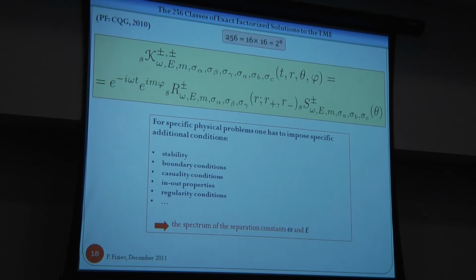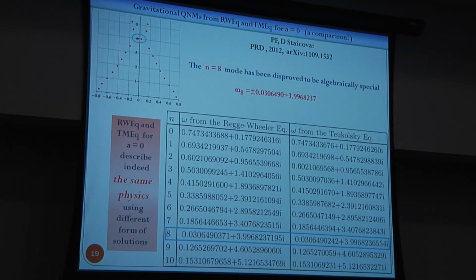So we have 256 different solutions, and on these solutions we have to put different additional requirements: stability, boundary conditions, causality conditions, in-out properties, regularity conditions, and depending on our choice of these additional conditions, we will get different spectra.